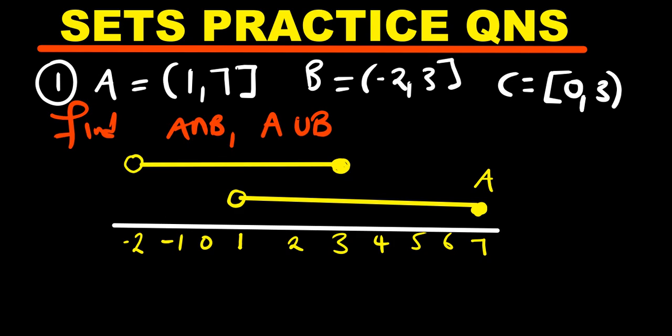Now what do we do? The first question is we're told to find A intersection B. If we're finding A intersection B, this is the region that we want.